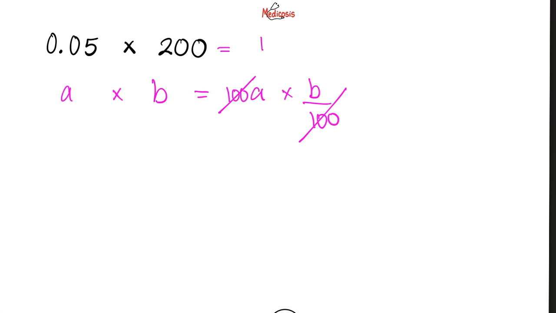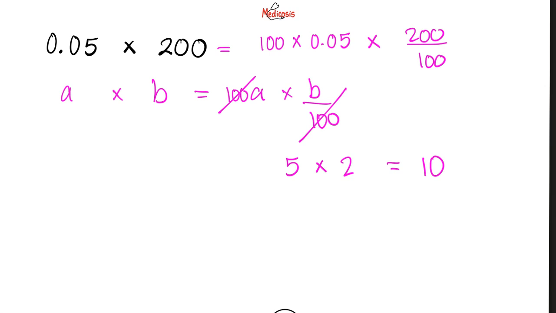Oh, if I can just multiply this by 100, I can get rid of the decimal and it will become just 5. But in order for me to multiply one of them by 100, you gotta divide the other by 100. So it's 200 divided by 100. 100 multiplied by 0.05 is 5. Multiplied by 200 divided by 100 is 2. 5 times 2 is 10. And that's how you do it.